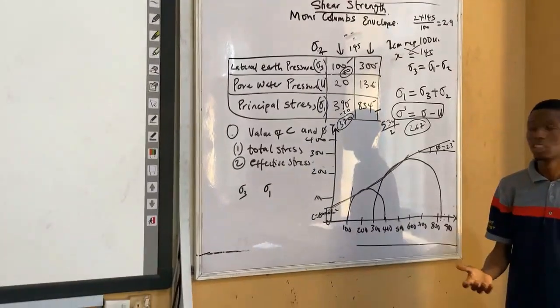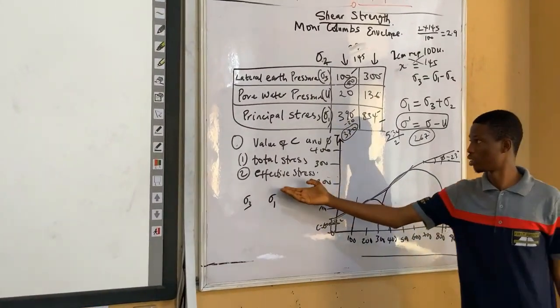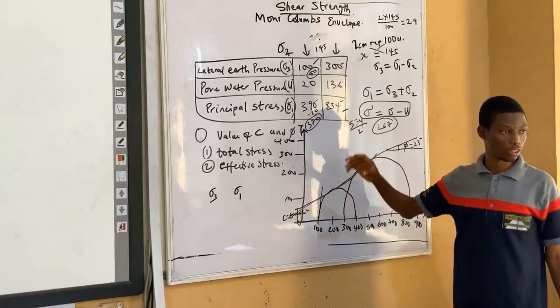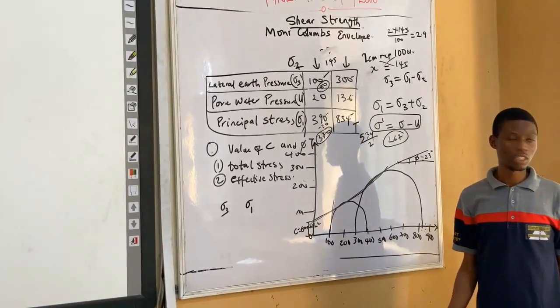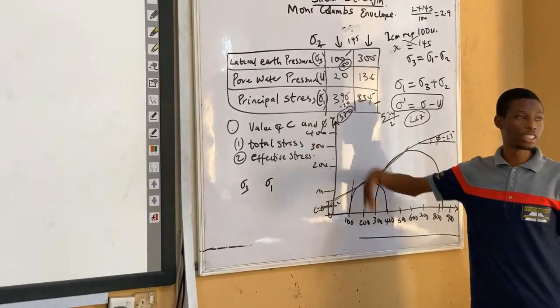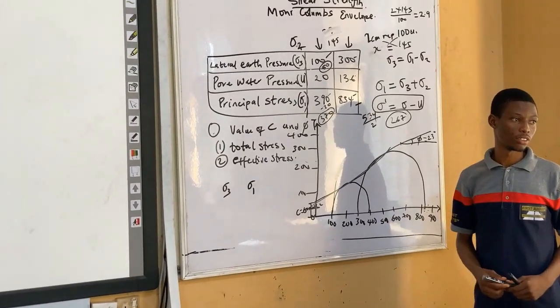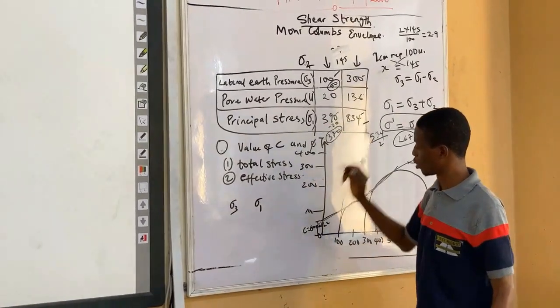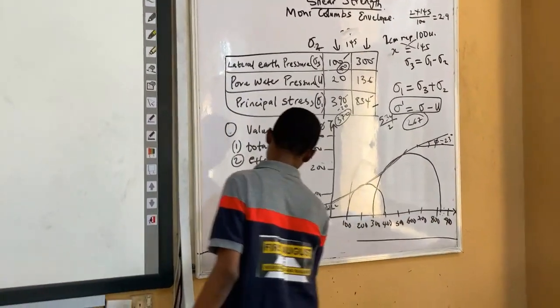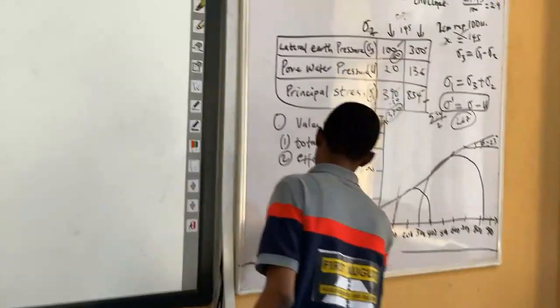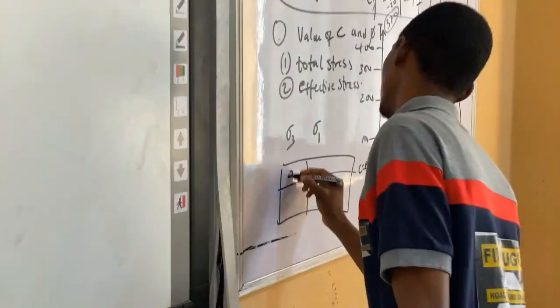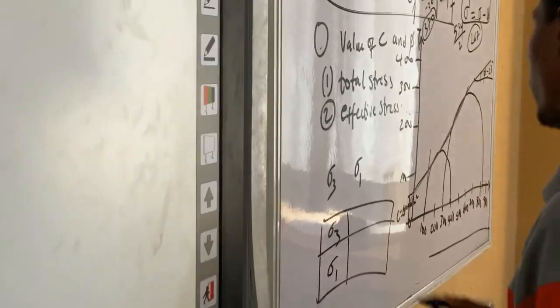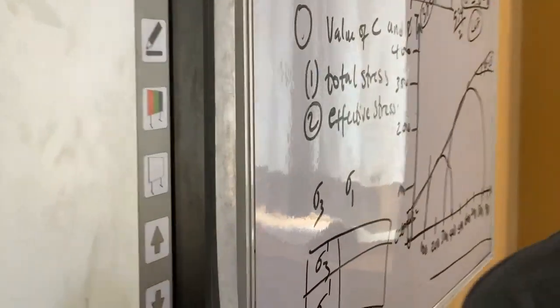This is effective stress, on a different graph. You have to draw the table out for effective stress. Sigma 3, sigma 1 for effective stress, and you put a dot on top.